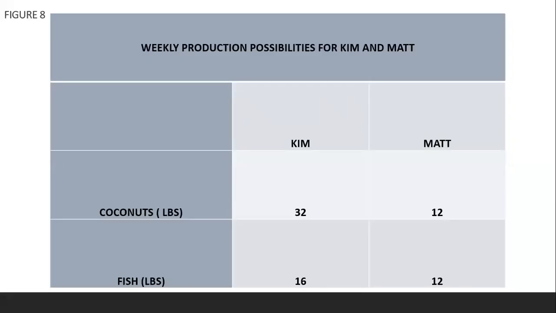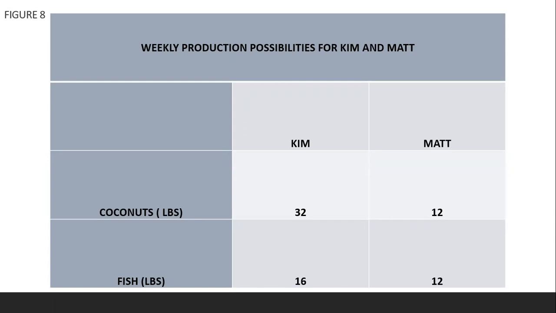As you can see, for the weekly production possibility frontier of Kim and Matt, Kim can produce 32 pounds of coconut and 16 pounds of fish, while Matt can produce only 17 pounds of coconut and 17 pounds of fish.